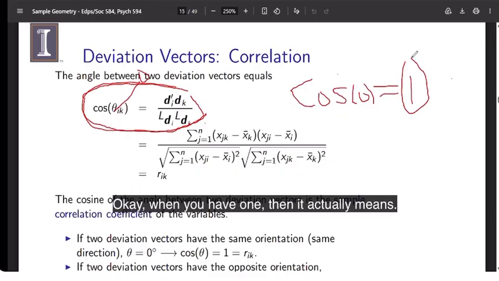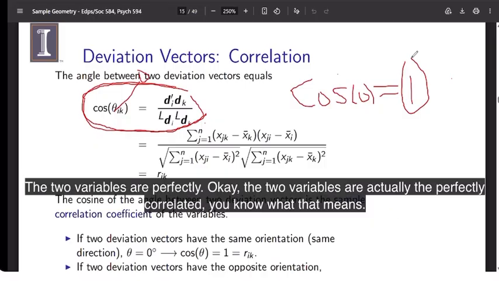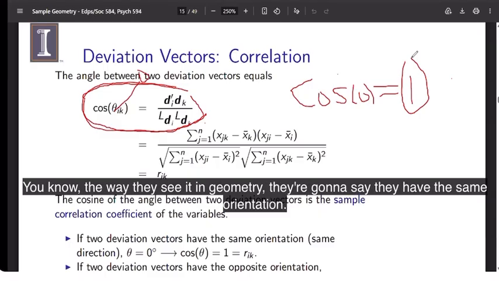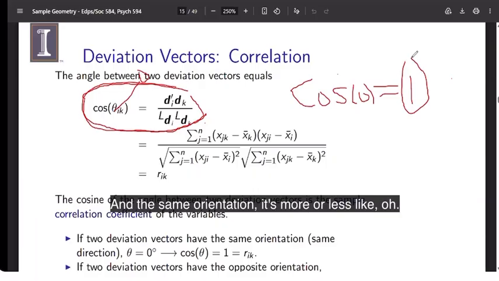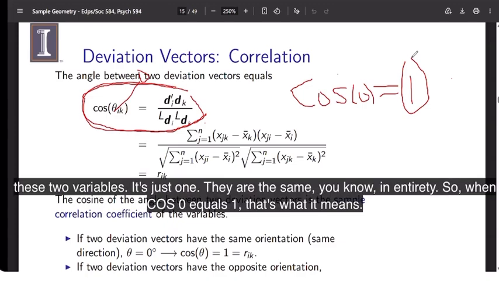The way they say it in geometry, they have the same orientation. Having the same orientation is more or less like saying these two variables are just one; they are the same in entirety. So when cos zero equals one, that's what it means.